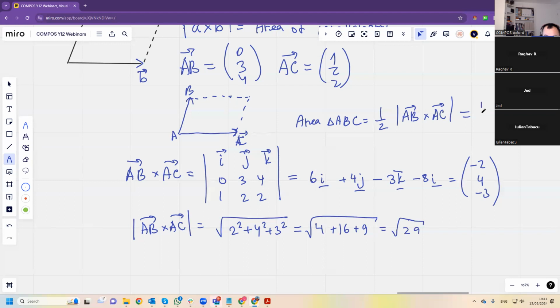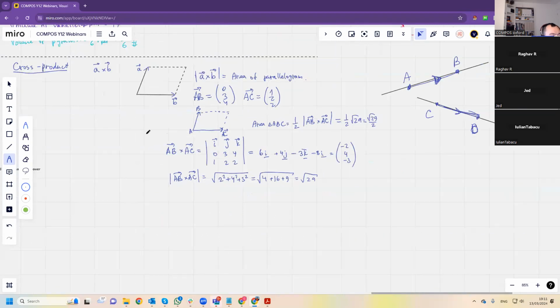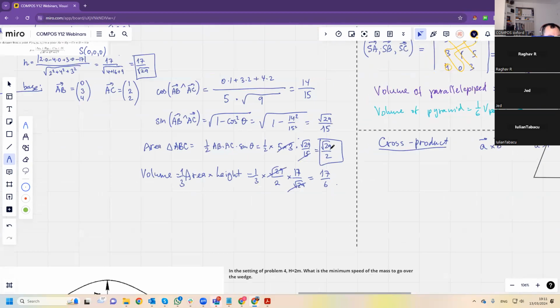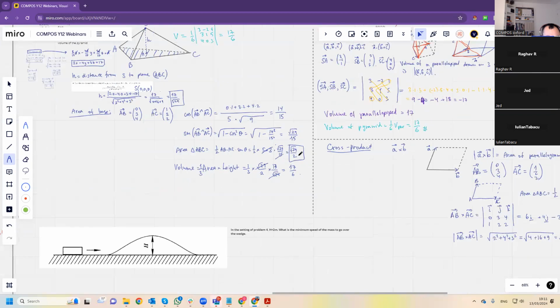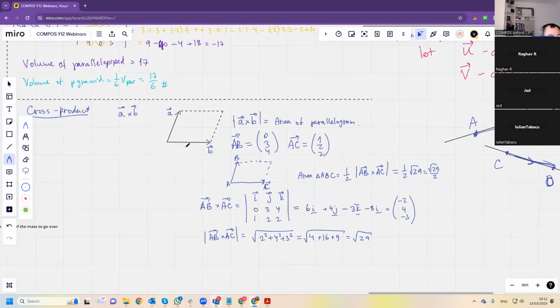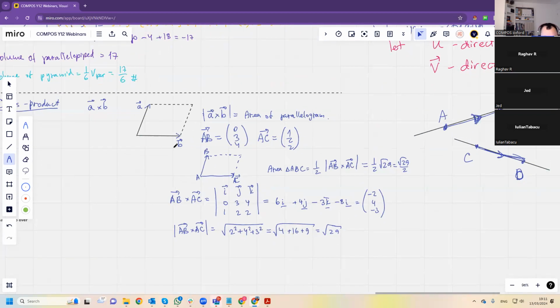So the area is 1/2 multiplied by square root of 29, which is square root of 29 over 2. Have we seen this today? We have. The area of the triangle was indeed square root of 29 over 2. So you could have found this also in one single action. You have 1/2 of the cross product of the vectors.